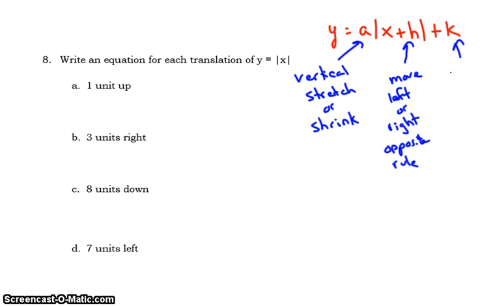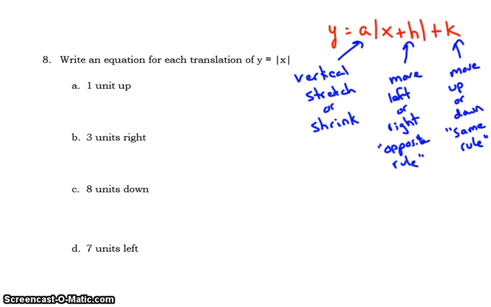The number on the outside of the absolute value moves the function up or down, and we call that the same rule, meaning it's going to be moving in the same direction as the sign. So if the sign is positive, we're going to go up, and if the sign is negative, we're going to go down. Those translations are ones that you need to memorize because we're going to use those translations all year long.